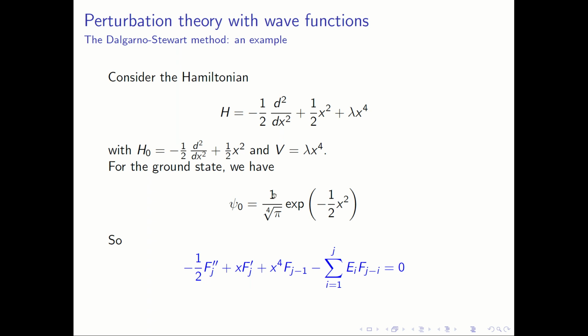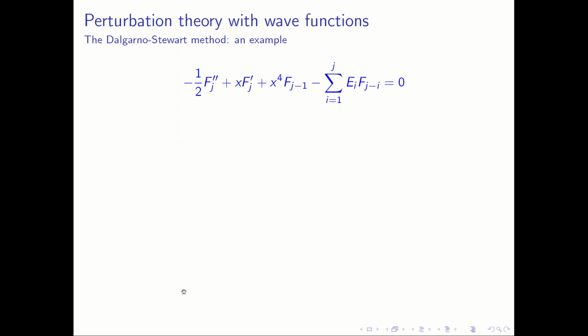And because of this very simple form of the wave function, psi 0 prime by psi 0, which is a derivative of log of psi 0, is simply minus x, and because of the minus sign which was already there in the equation, you end up with plus x. So this is your perturbation equation for the jth order.